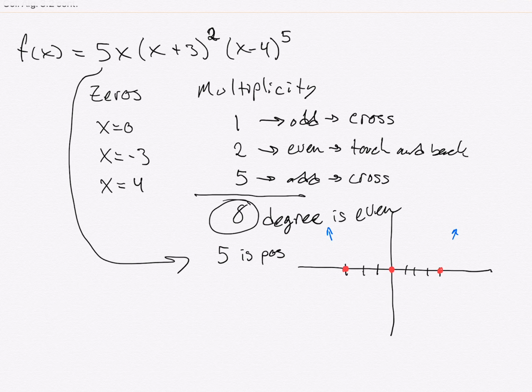I'm going to look at the x value of -3 first. I'm going to work from left to right with these x values. So let's look at the x value of -3. We're supposed to be touching and turning back. Touch and turn back means our graph's going to come down, touch at the x-axis, and then turn back. So it started on the top side of the x-axis, so it's going to stay on the top side of the x-axis. It's going to stay positive. Now, at the next 0, which is an x value of 0, we're supposed to be crossing.